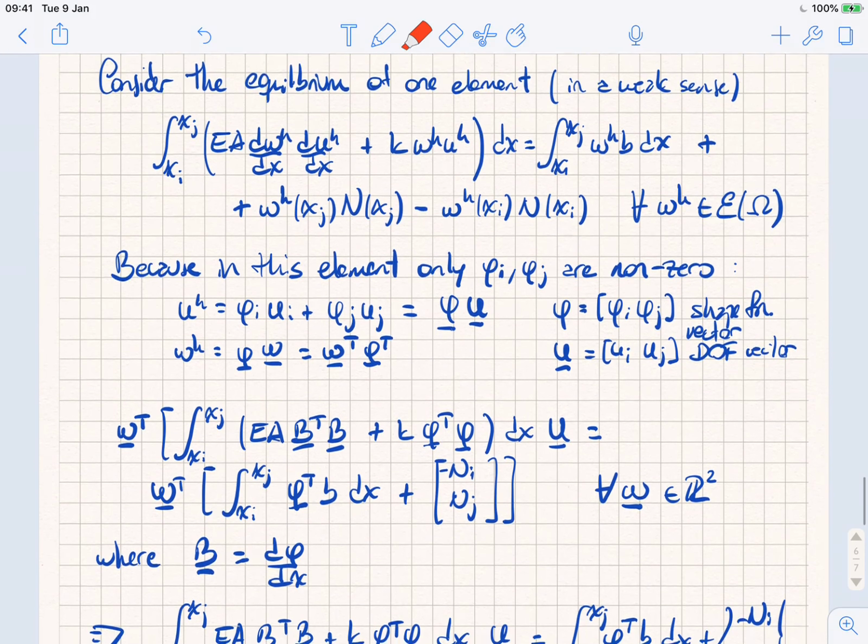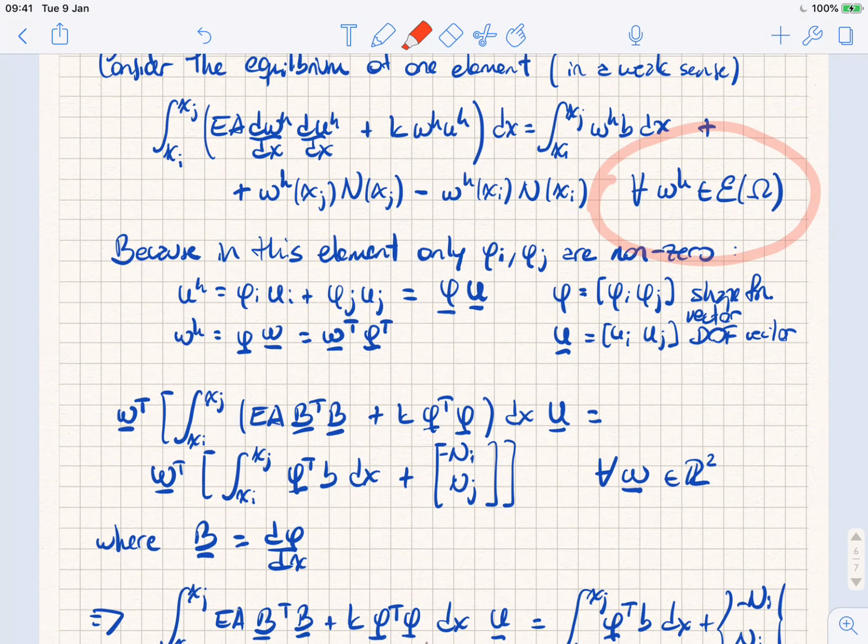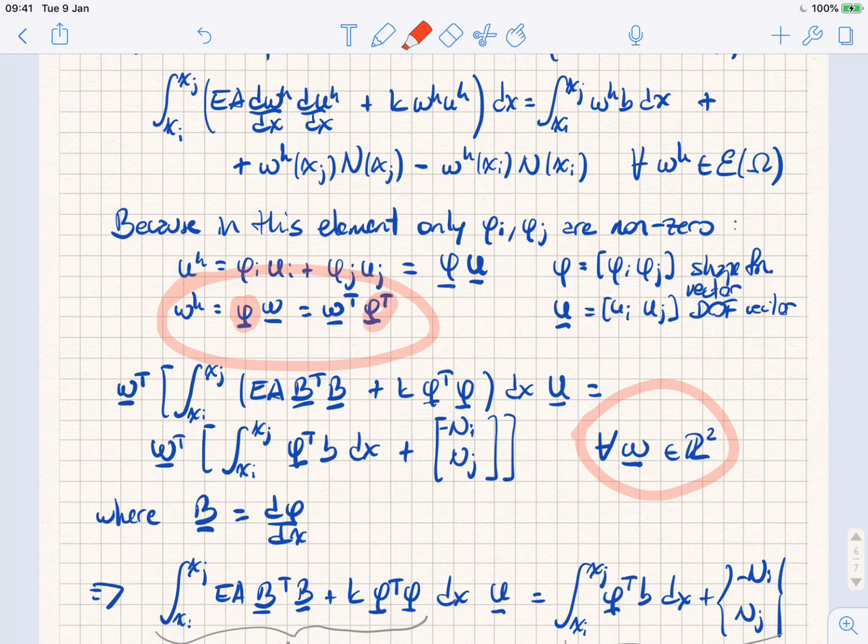What I mean is that if you look at this equation, I'm going to say that again one more time. This expression for all WH in some space that we call the energy space, the moment that you plug this function, right, since these guys are known, that expression for all WH in some space basically now translates for all vectors W in some vector space. In this case is R2. Right, so it's a vector with 2 components. All right. So we did that, and okay.